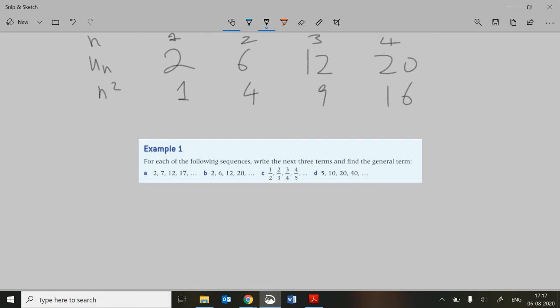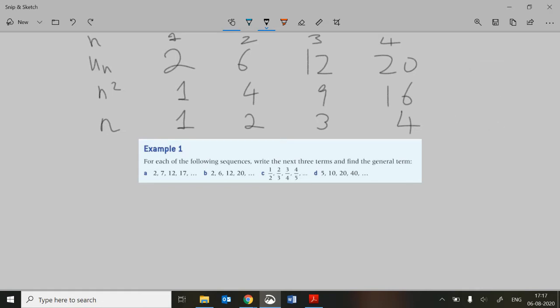And I'm going to extract those numbers because I know that this is a quadratic sequence. If I extract those numbers from the sequence, I'm left with 1, 2, 3, and 4. Now this is a linear sequence, and in fact, it's the linear sequence which is at the top. It's just n. So what I've done is I've taken this line away from this line, and I've ended up with this line here.